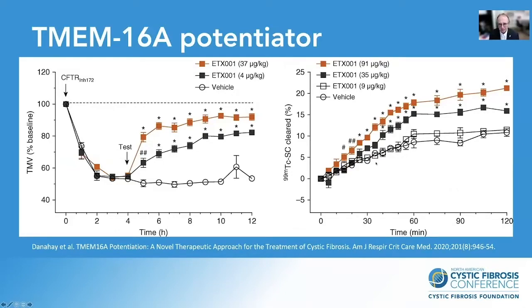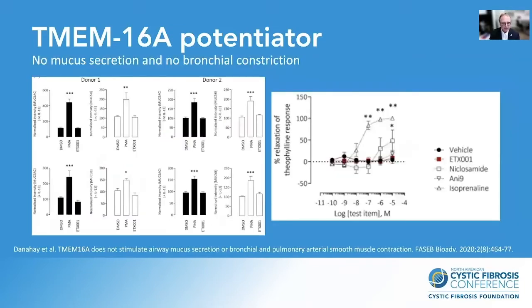The same is true for whole lung clearance with aerosol inhalation, even though this is in a sheep that has not seen CFTR inhibition. So there is very good data to see whether we can move forward with clinical trials with a TMEM16A potentiator.